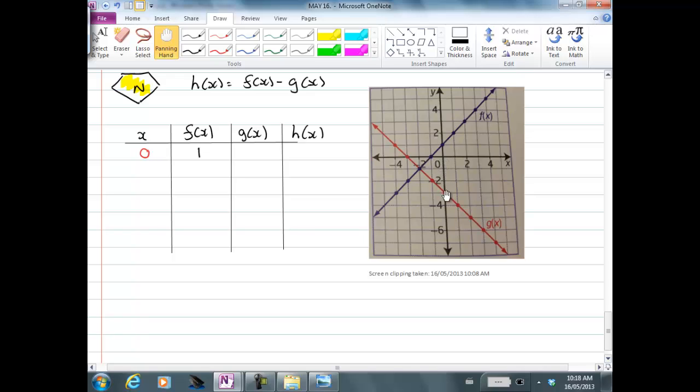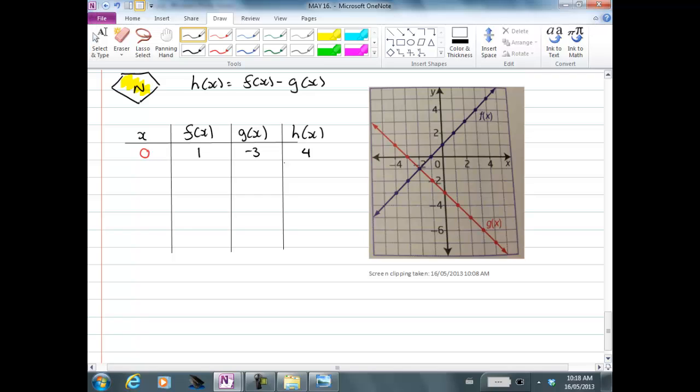Well, g of x is right here: -3. We're going to use the same thing, and then to get h of x, we take f of x minus g of x. So 1 minus -3. You should be able to figure that out. 4.